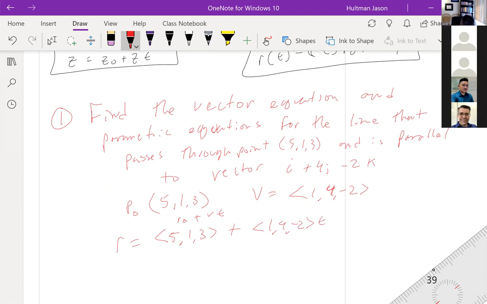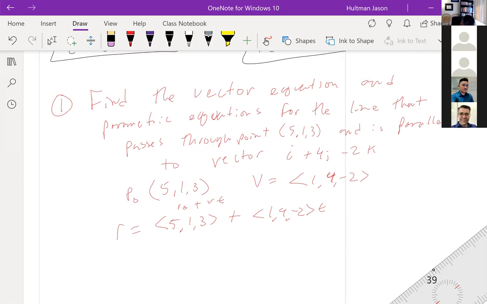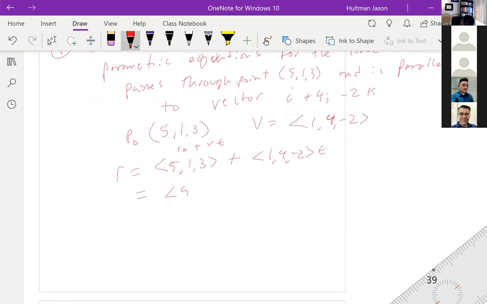Okay, so r is equal to 5 plus 1 is 6. Sorry. Or no, you know what? I need to distribute the t first. My bad. So this is 5, 1, 3 plus t, 4t, negative 2t.